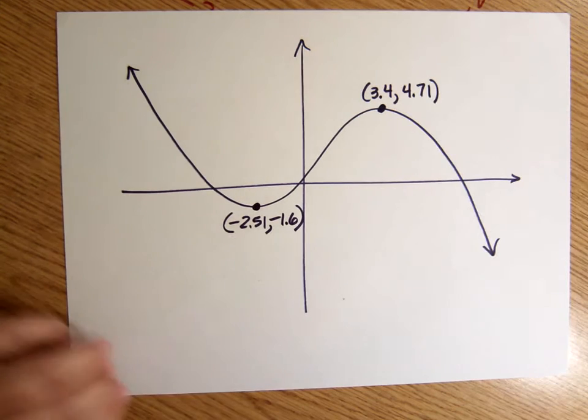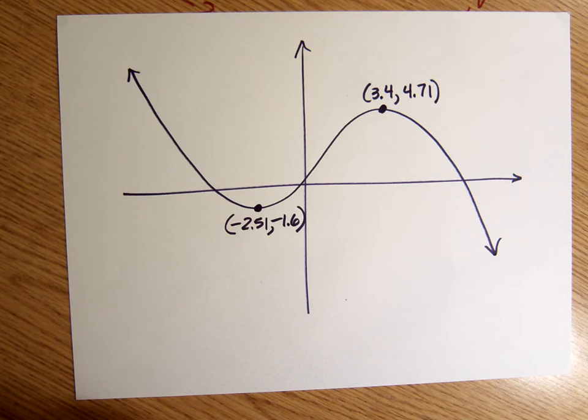All right, those are my points. Now, I went ahead and did that because when you aren't told specifically something other than this, a lot of teachers would prefer that you go to the second decimal place, which means to the hundredths.